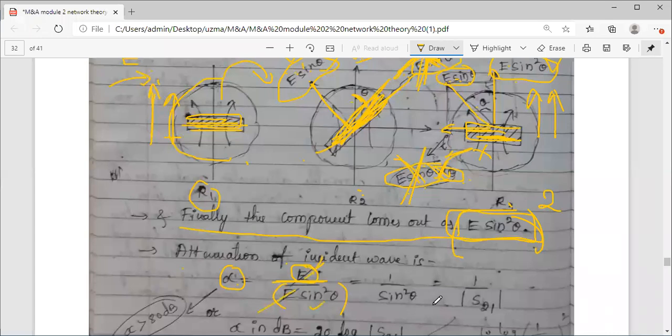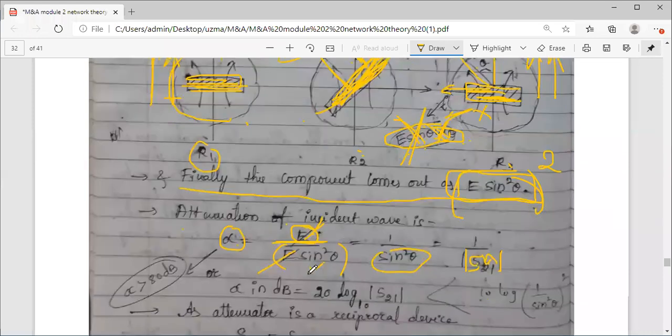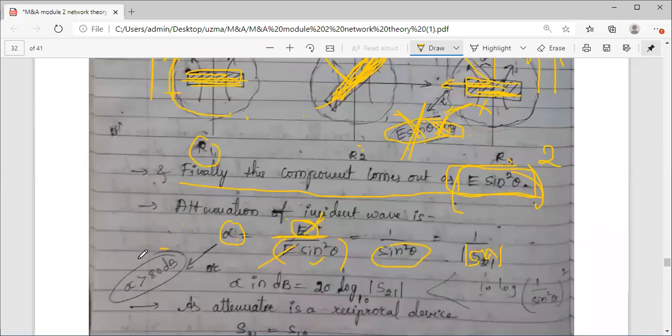So E gets cancelled, and we get 1 by sin square theta. The sin square theta we can generally replace with the S parameter, which gives you the value from port 1 to port 2. That is the value of this attenuation when we move from port 1 to port 2. And alpha for this rotary vane attenuator is greater than 80 dB.